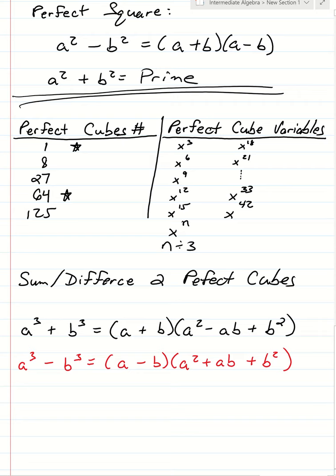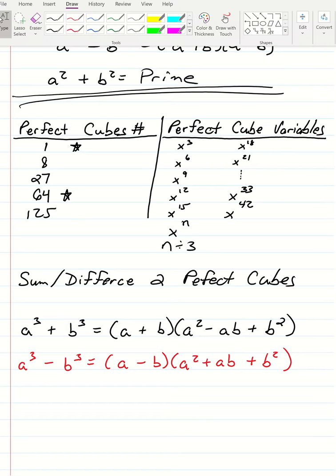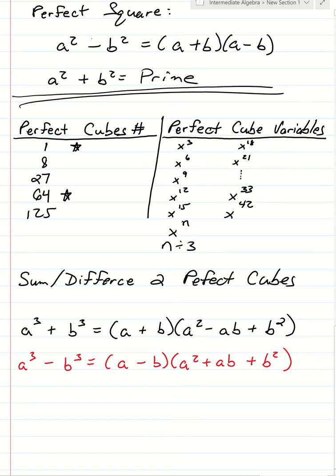That is the different formula that we will use when we talk about the difference of 2 perfect cubes. So whether you're talking about the sum, you will use one formula, or if we talk about the difference, we will use a different formula.